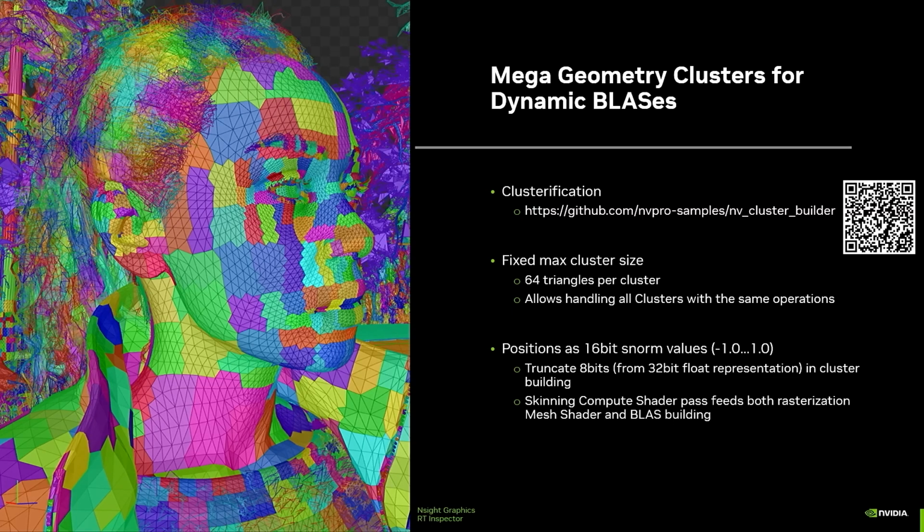Because of this limited precision, we could safely apply the bit truncation available in the API to get a little bit of extra performance. The skinned vertex positions are written out each frame by a separate compute shader pass that feeds both the mesh shaders and the BVH. And even though the meshlets and the clusters are not the same, the same vertex positions can still be used.